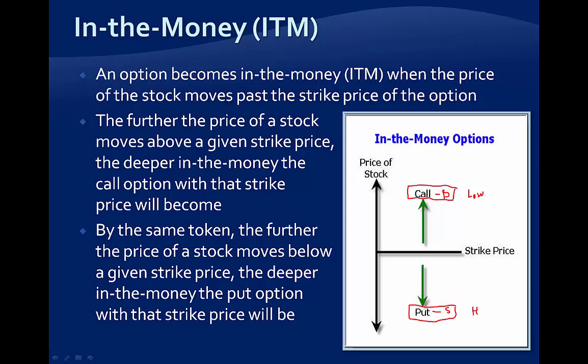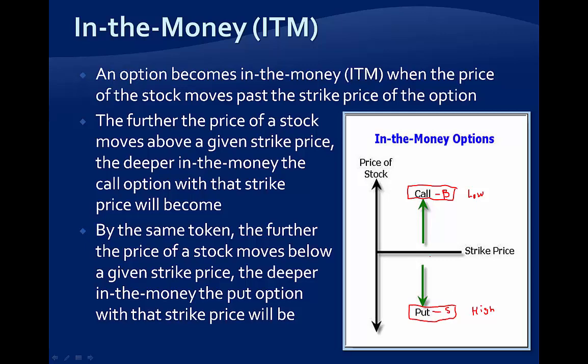You've heard the old Wall Street adage, buy low and sell high. That's how you make money in buying assets, right? I have to sell it for more than what I buy it for. So call options are in the money if they give you the ability to buy low, and put options are in the money if they give the ability to sell high.